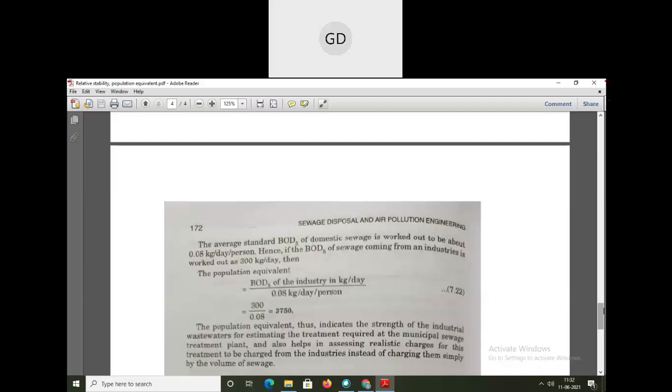It helps in giving a realistic charge for the industries.